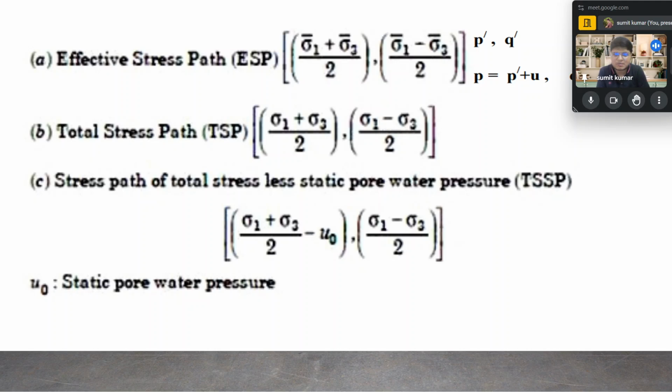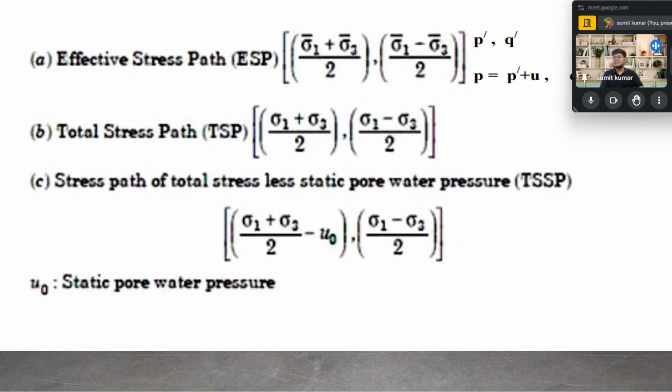So sigma 1 plus sigma 3 by 2 is the coordinate for P, and sigma 1 minus sigma 3 by 2 is the coordinate for Q. When we consider the stress path of the total stress less static pore water pressure condition, this is the same thing that we talked about earlier, TSSP, in which we subtract the pore water pressure under the static condition.